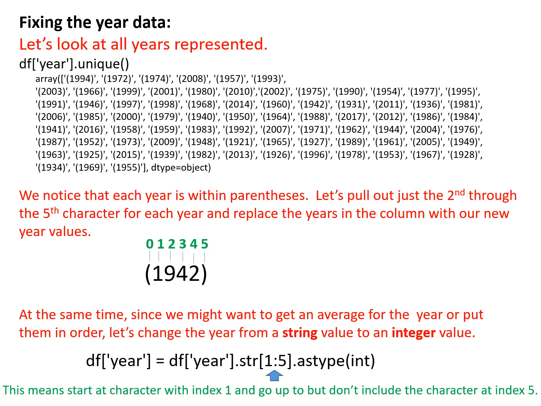On the right-hand side, we're starting with what's there, df year, but then this .str is just finding the particular parts of that string. And if we say 1:5, that means we're going to start at the character in position 1, which is not the first character, because the first character is in position 0.